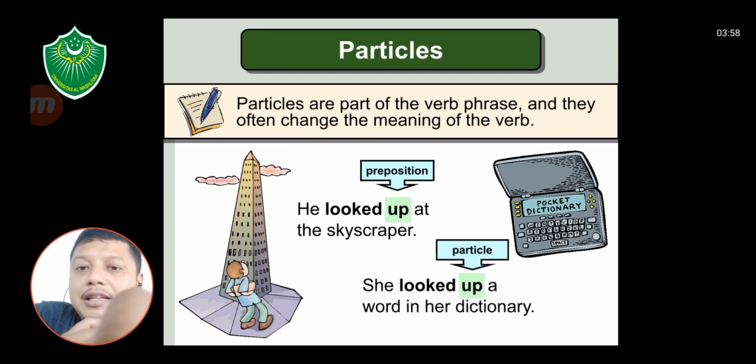The example is, she looked up a word in her dictionary. Literally, look up means searching for the word, right? It's not looking to the upside or to the top of a roof or something. So look up here means searching for the word in the dictionary or translator, something like that.